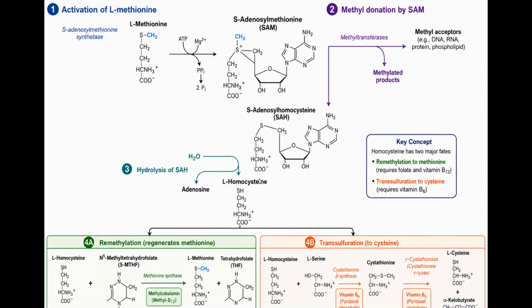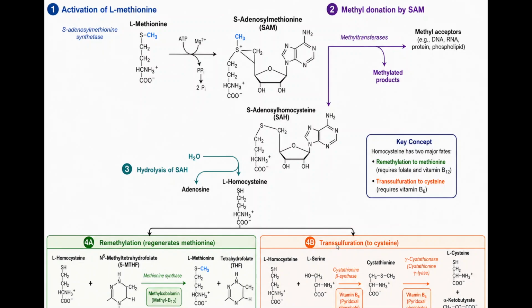We transfer this sulfur group with the addition of serine to form the amino acid cysteine. So either we remethylate to regenerate methionine, or we transfer the sulfur to form cysteine.